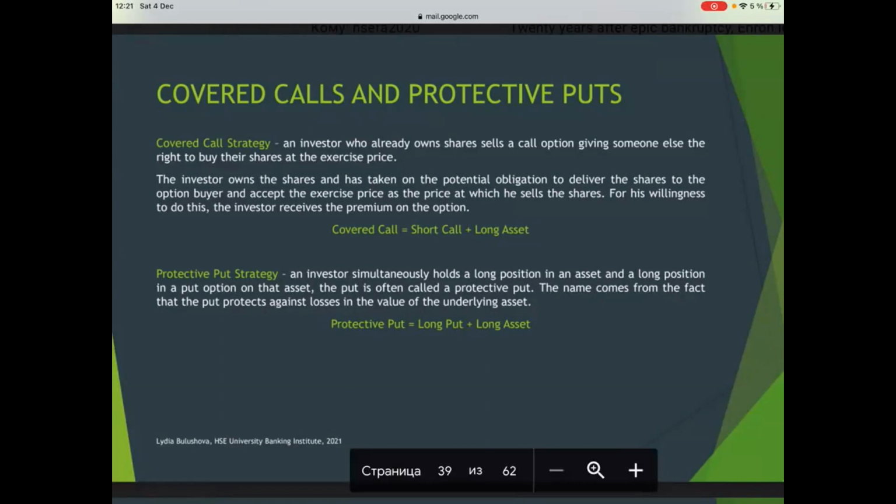There is also a protective put. You purchase it like insurance. This product protects you from losses in the value of an underlying asset.